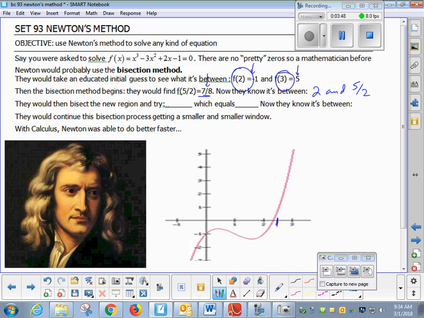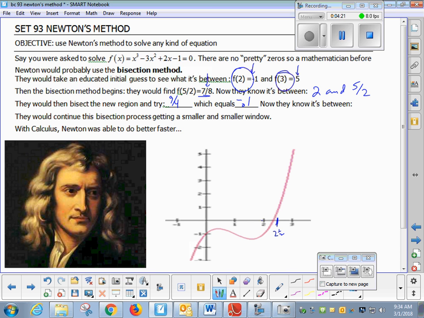Now, if I wanted more precision, I could then bisect that. So what would I next try? I know it's between 2 and 2.5, and if I wanted to bisect that region, I would use 9/4, or 2 1/4. Now, if I use 2 1/4, I wish I had this in my calculator. I wish I remembered what this equals. Let's say, for the sake of time being, that it's -0.1.